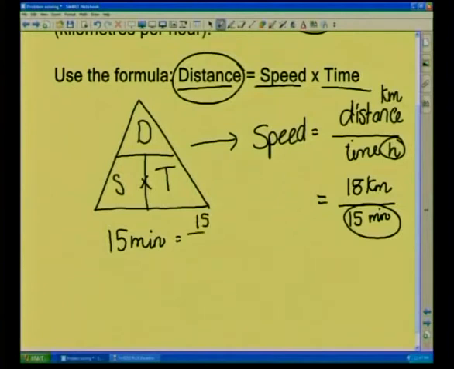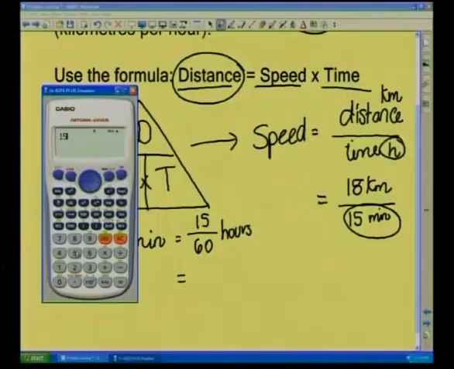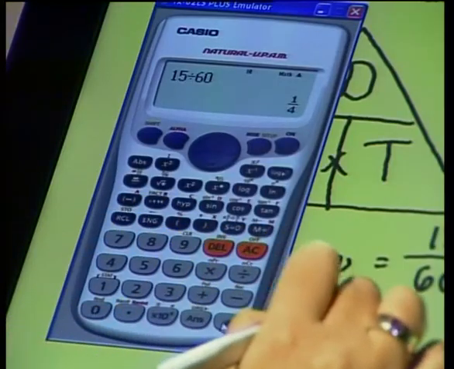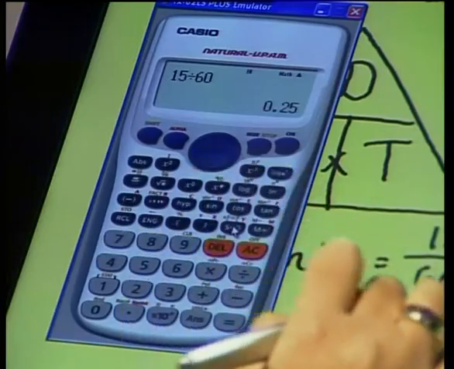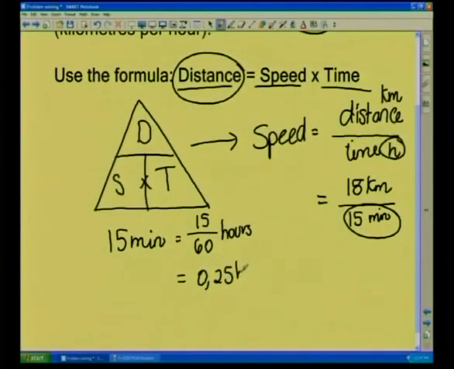It'd be 15 over 60 hours, because there's 60 minutes in an hour. And 15 divided by 60 is a quarter, or 0.25 hours. I'm going to use that instead of the 15 minutes because I need it in hours. So it's going to be 18 kilometers divided by 0.25 hours.